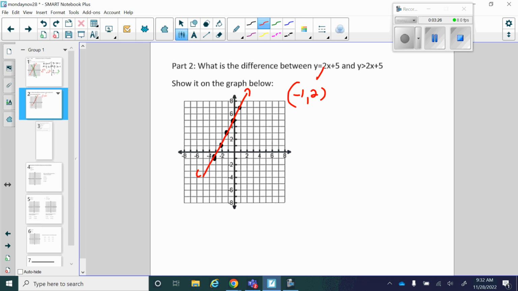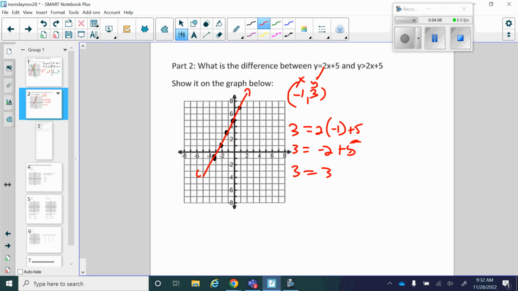This is my x, that's my y. So y, 3, is equal to 2 times x, negative 1, plus 5. 3 is equal to negative 2 plus 5, and that is 3 equals 3.